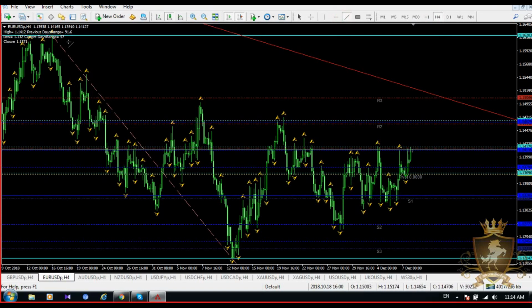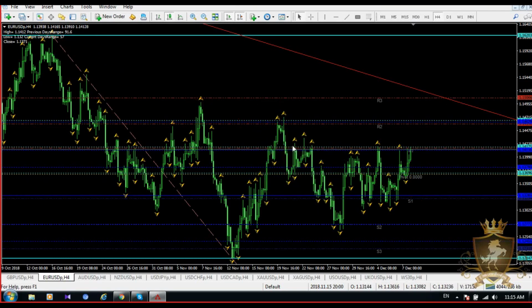In the 4-hour period of time, here I had a trend line that had a breakdown at this price. Then again the price came down. Only in this range was the price confirmed, but here it broke down, got rejected and went back inside again.